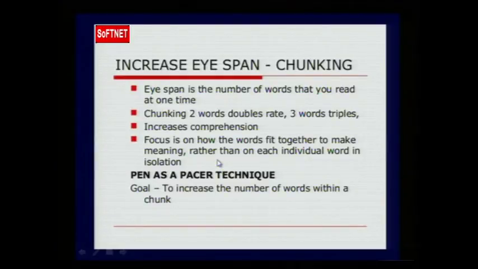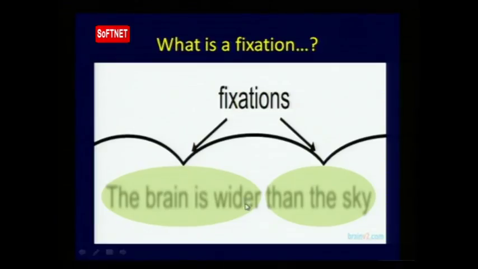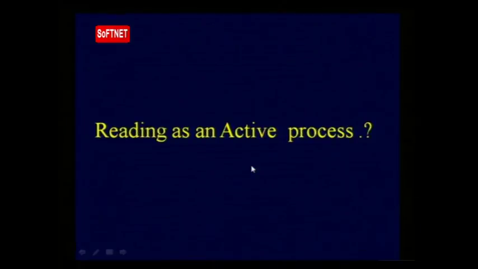So you might have felt that when you have read it silently, you have understood what you have read, and when you have read it individually, you did not understand the word. Now, what is fixation? Fixation is the span of your eye which you move very quickly. So therefore, we say that reading is an active process.